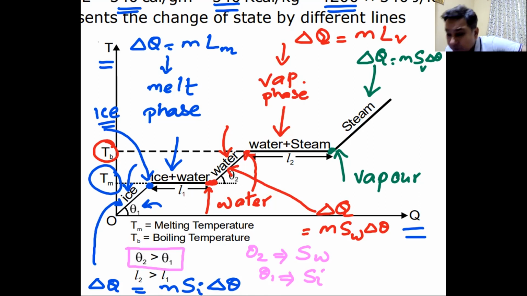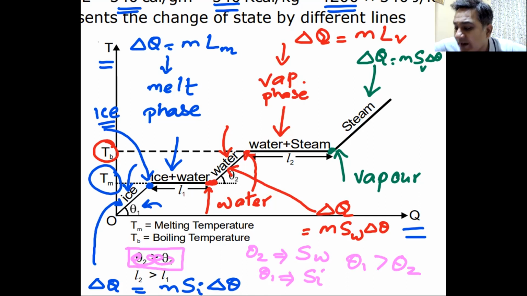Specific heat of water is more, specific heat of ice is less, and therefore this is reversed. Therefore, this theta 1 angle will be more than the theta 2 angle. That means the ice line will have more slope, and the water line will have less slope.